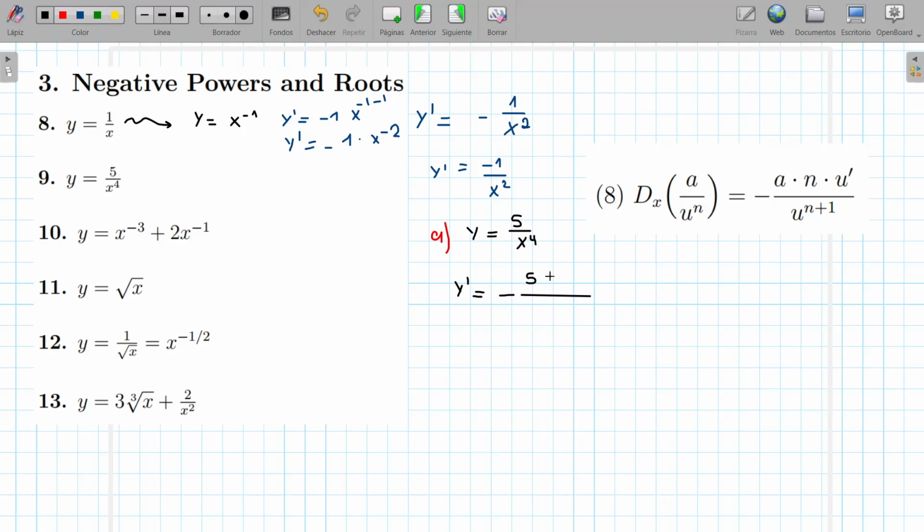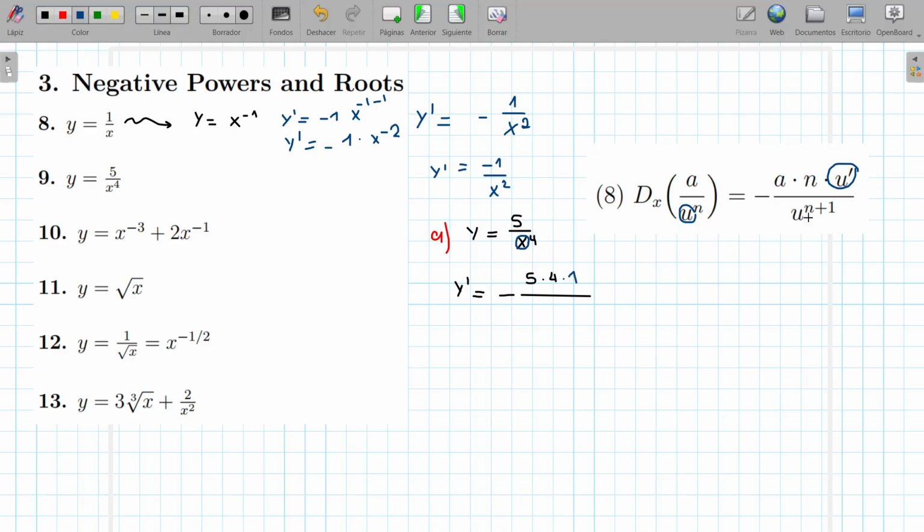Instead of n, we have 4. So this is times 4. I've got the u prime. Remember, in this case, u is just x. So if we do the derivative of x, the only result is going to be 1.